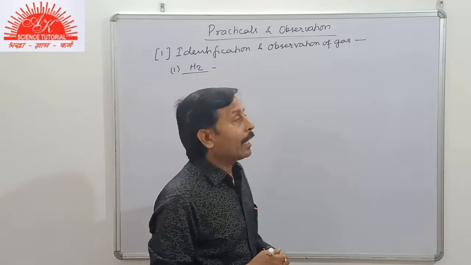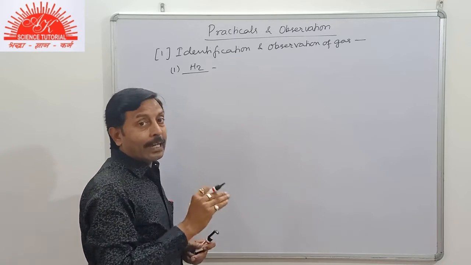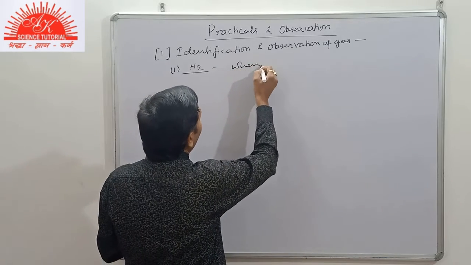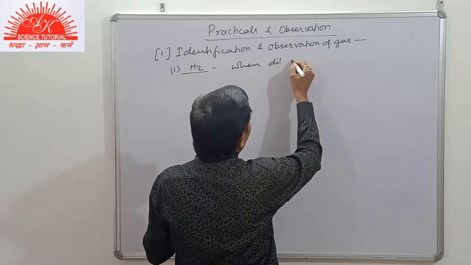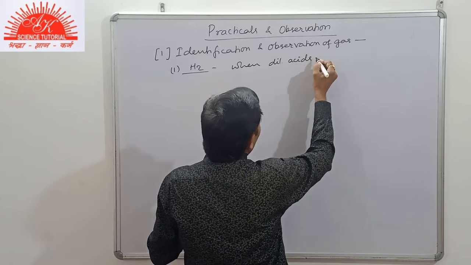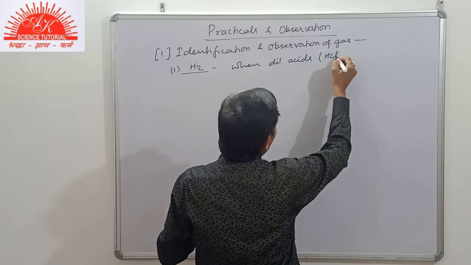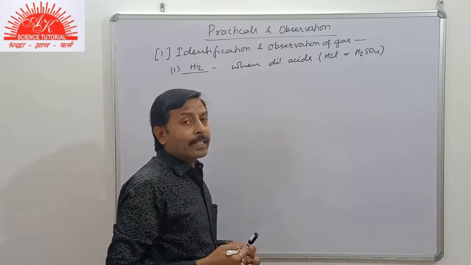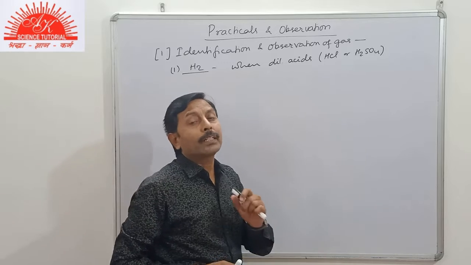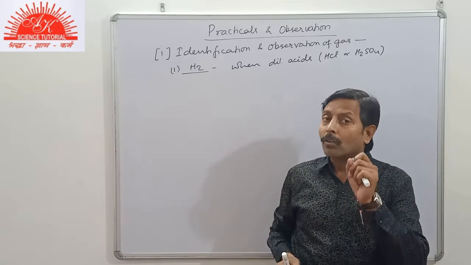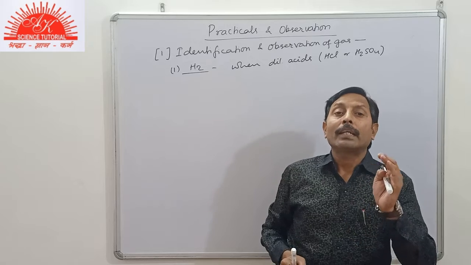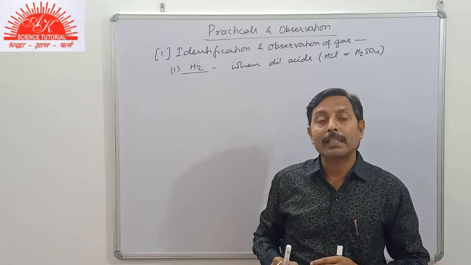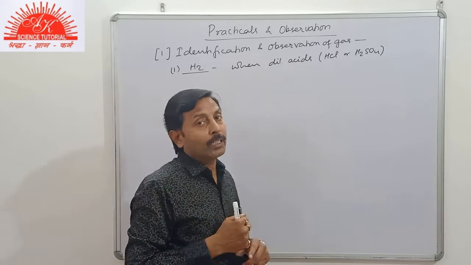So we see that when a dilute acid is added to active metals, it may be HCl or H2SO4. Actually, nitric acid is not used here because nitric acid is a strong oxidizing agent. So, it oxidizes hydrogen produced to water. As a result, we will not get hydrogen in that case.